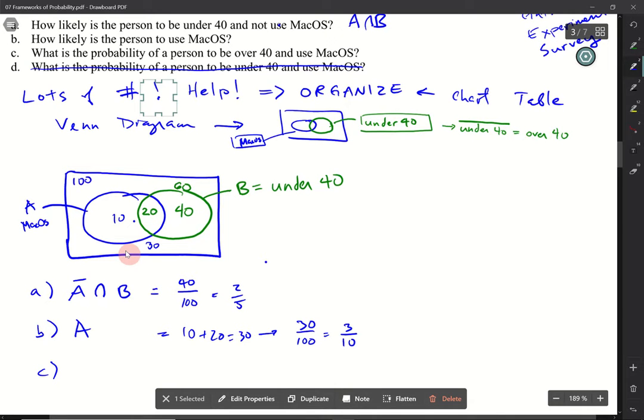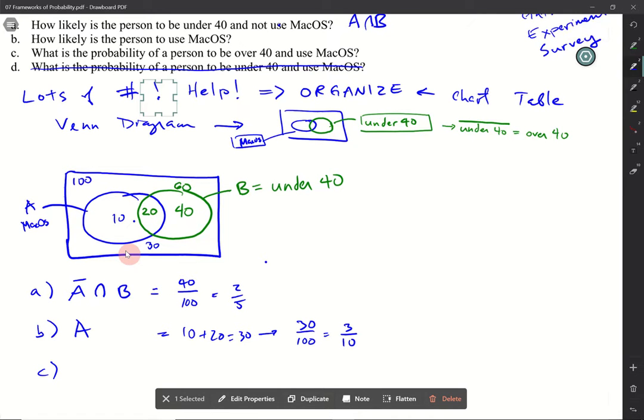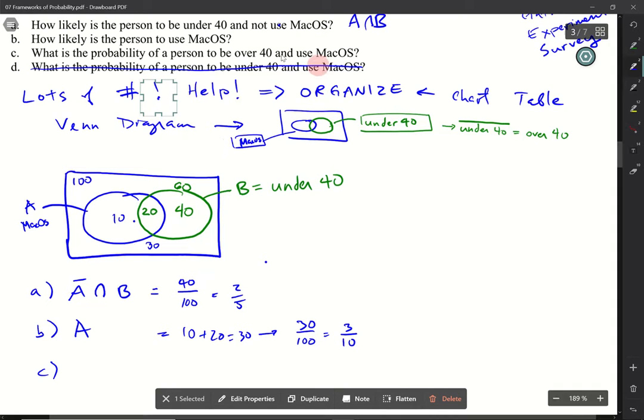Yeah? So that's why you take the whole circle. Okay? And then next one, C. What is the probability of a person to be over 40 and use MACOS? Right, so it's and. So what should we use?